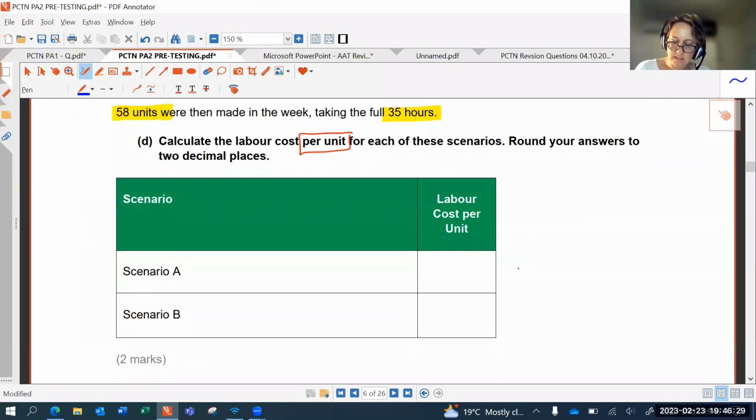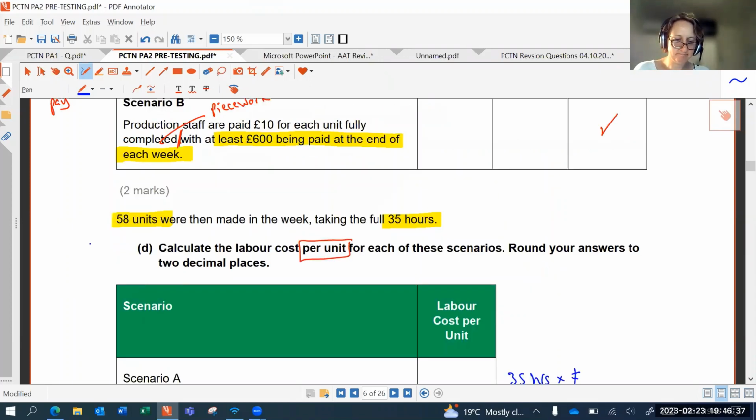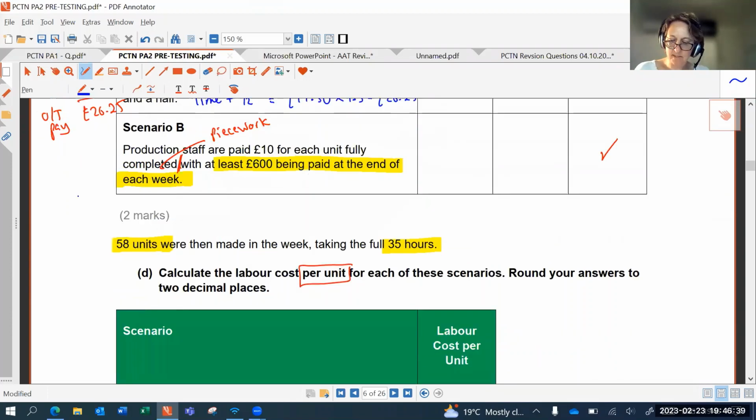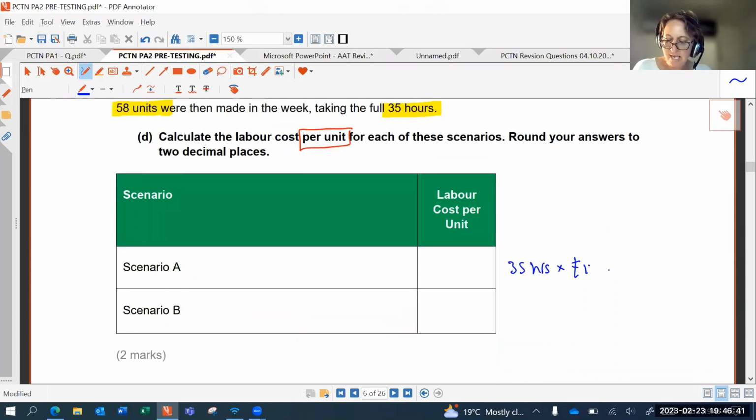So what's going to be the total pay for scenario A? 35 hours at £17.50. Nobody actually gets any overtime because nobody works more than 35 hours. So we've just got 35 hours at £17.50 in total. The pay would be £612.50.